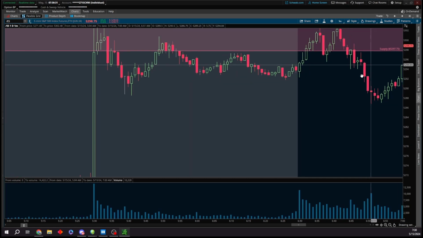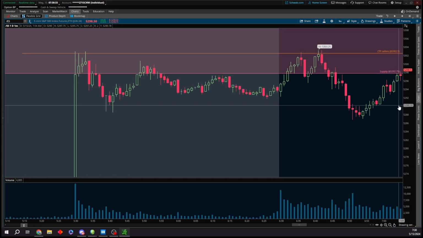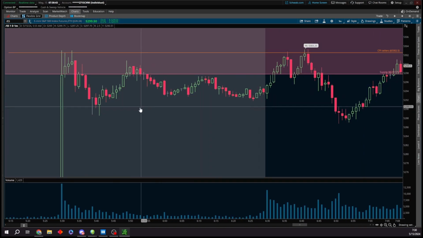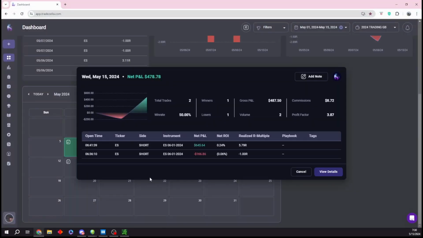So that's just showing the power of the tape, using context and confluence and proper preparation, because at the end of the day, that's what stems confidence in your setups. But the most important part out of it is the risk management part of it.